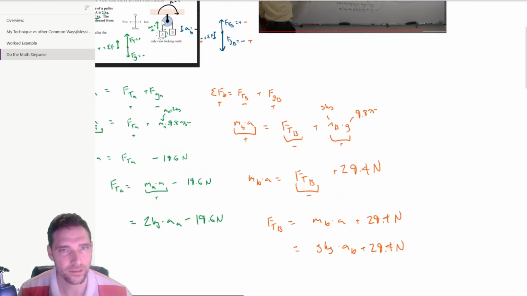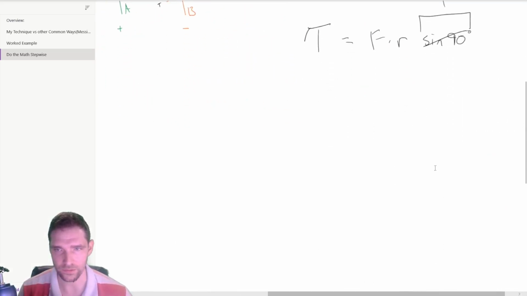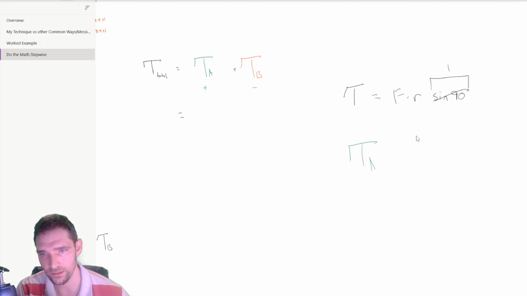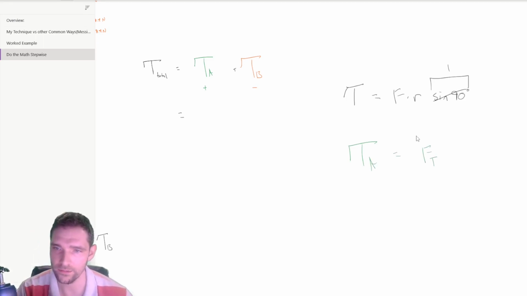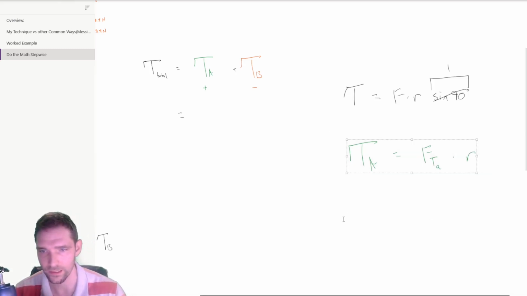You've got your radius going from here to there, and then it's 90 degrees to go down to A. So the torque is equal to the force times that radius. We can say that a little more generically: this is going to be equal to the tension of A times R, and same for that of B. You could just copy the whole thing and replace that with B.